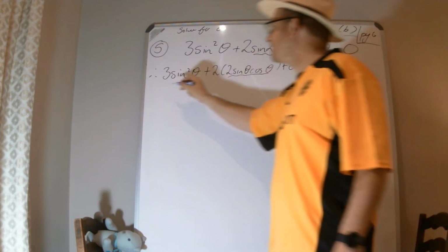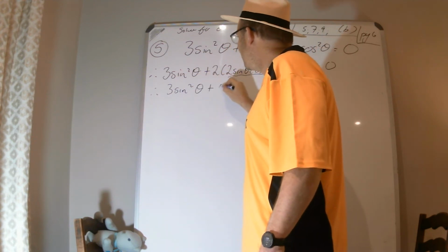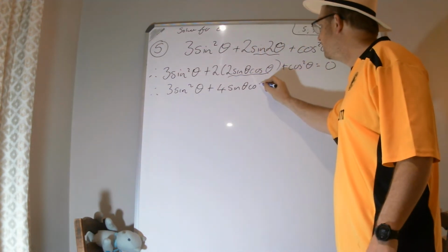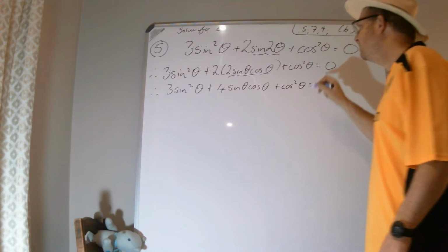You can obviously go straight to this line: 3 sine squared theta plus 4 sine theta cos theta plus cos squared theta is equal to 0.